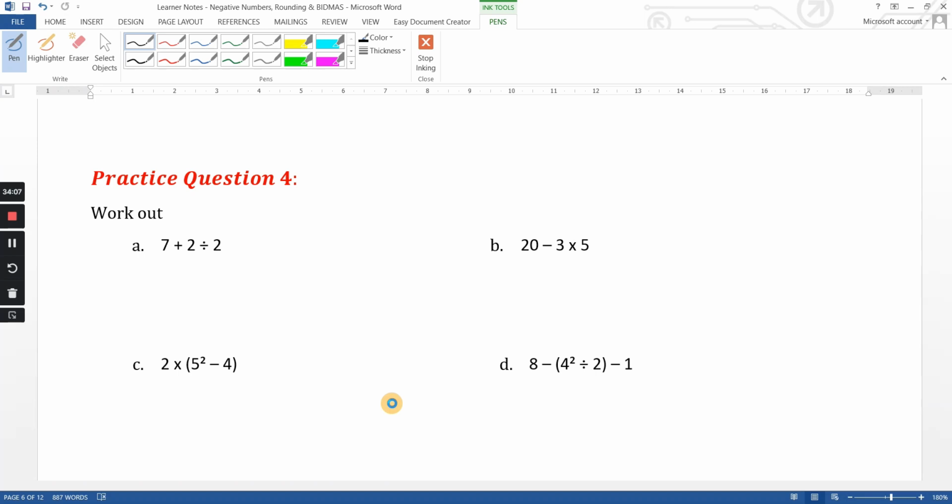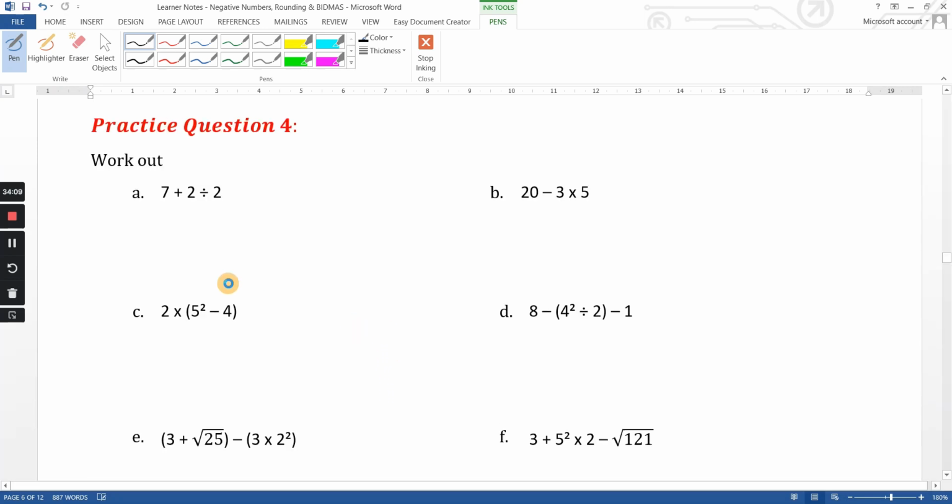Let's go through the answers then. Practice question 4a, I have to do the division first. So that's technically 7 plus 1, which gives me 8 for my answer. Part B, I have to do the multiplication first. So that's 20 minus 15, which gives me 5 for my answer.